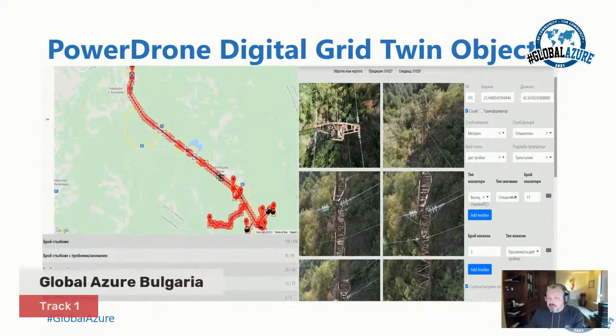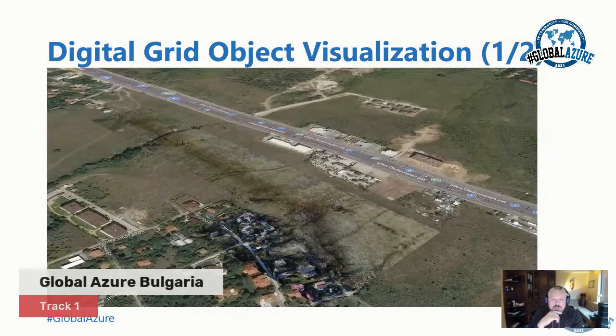And what we are quite interested to do is see how we can leverage the power of Azure to bring them to life. One of the things that we started doing, together with another partner company, MYX from Bulgaria, is visualizing the grid. This is a screenshot of a small field near Sofia, near the ring road, and I'll showcase in a second what we're able to achieve as visualization.